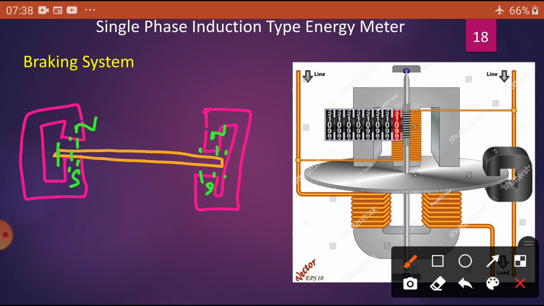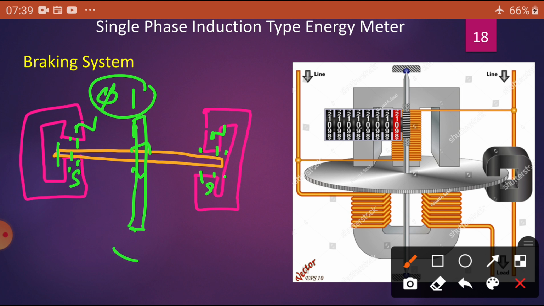Then once at stationary position, this magnetic field induces flux in this one. Is it possible? No, because the flux is constant here. The disk is a conductor here. So, where is the relative motion? Relative motion is 0. No EMF is induced in the disk initially when the disk rotation is 0.